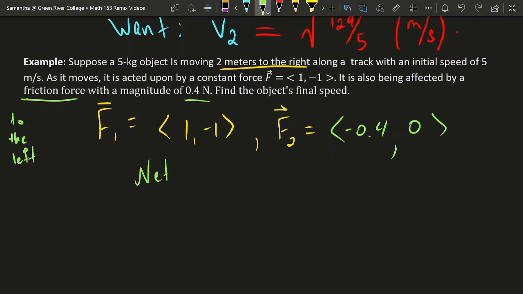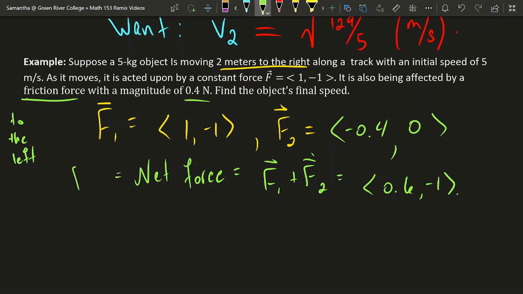From that, we can get the net force, the sum of these two, the combined effects of both forces. And if I sum those two together, I get (0.6, -1). Let's call that quantity F subscript n. Why not, for net?